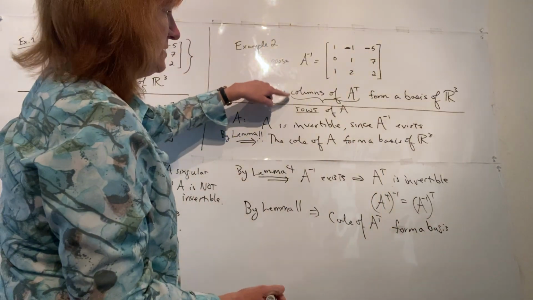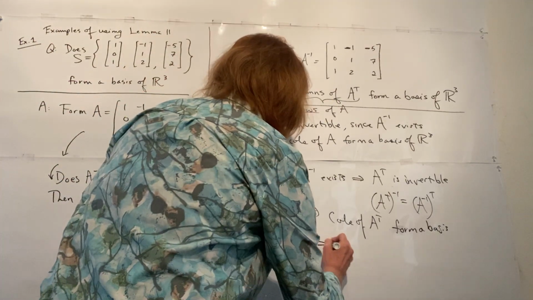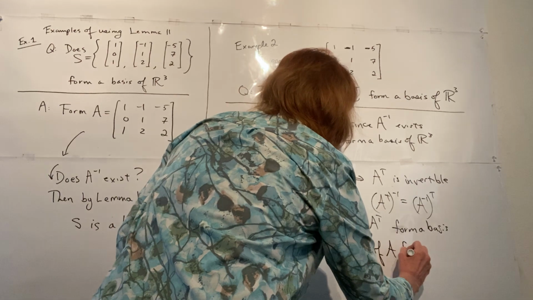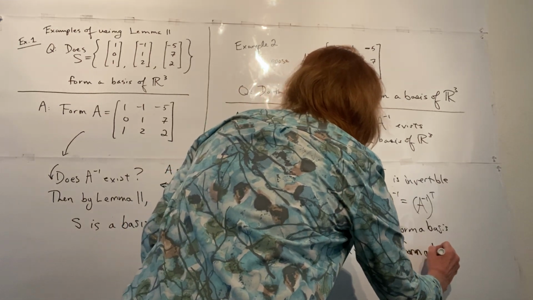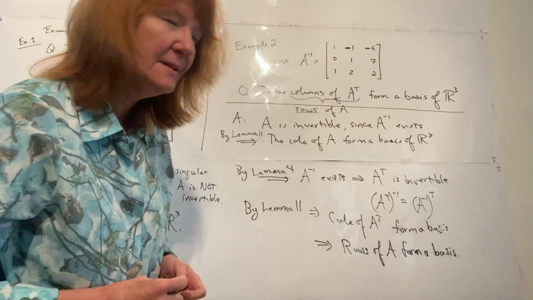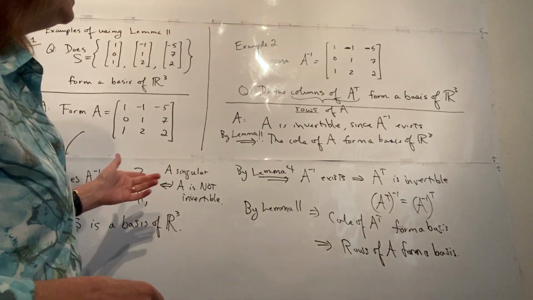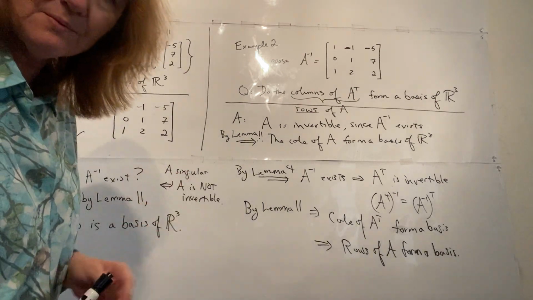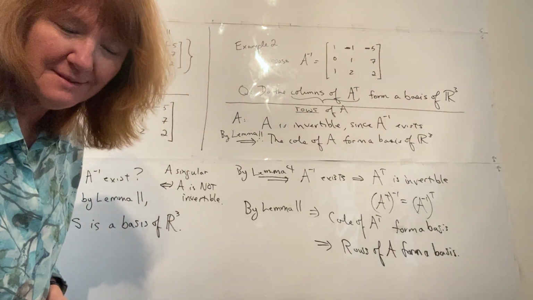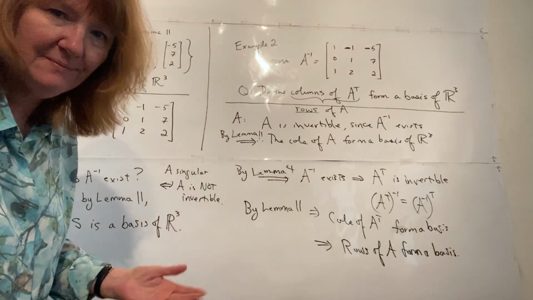And in case this question was a little bit different, that would be the same thing as the rows of A form a basis. Well, that's a nice little fact, right? So if A is invertible, both its rows and its columns form a basis for, if it's n by n, then for Rn.